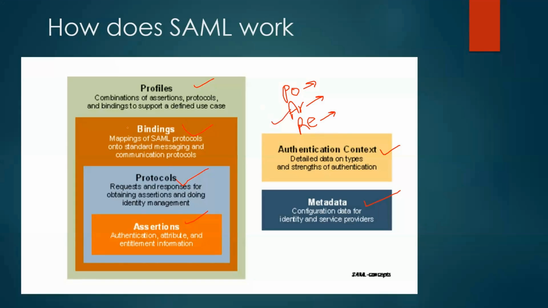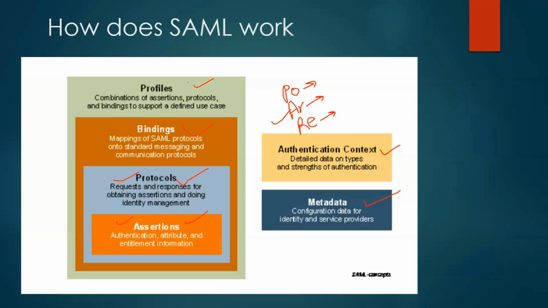So you have bindings, and you have protocol, request and response for obtaining assertion, authentication, attribute, and entitlement. Inside the profile, the binding is the way in which you would send the request. Protocol is the way the request would be sent and information will be exchanged.